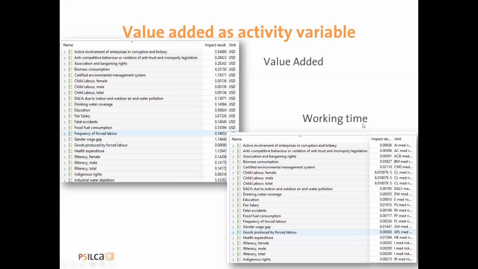And also the order between the different impact categories is probably different, and the relation between the categories. So based on these results, one can decide if it makes more sense for some impact categories or for all impact categories to use the value added or the worker hours approach. This probably also depends a bit on the goal and scope of the study, and also on the indicator.